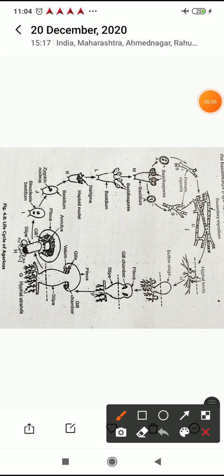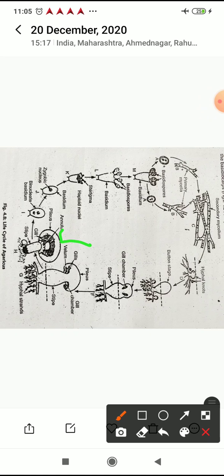So one can see again how the life cycle of Agaricus is. By going through this figure, you can see diagrammatically how the life cycle occurs. Start from here.